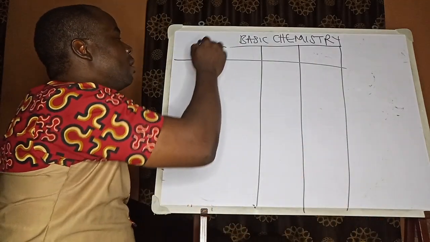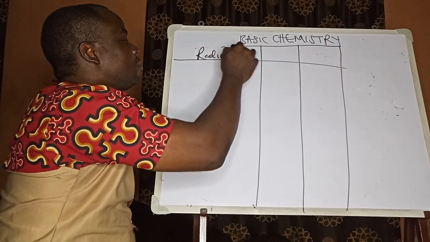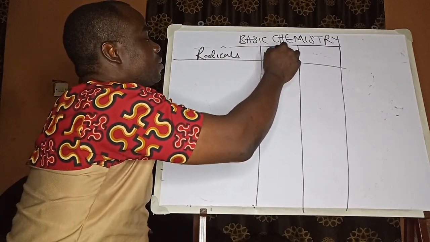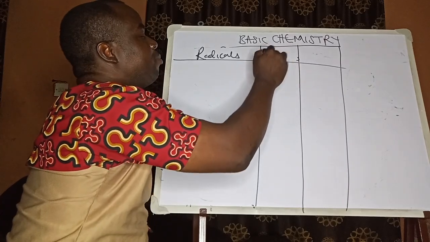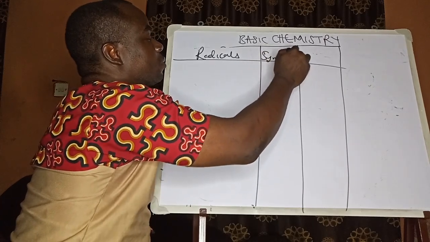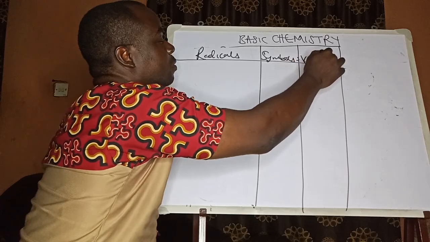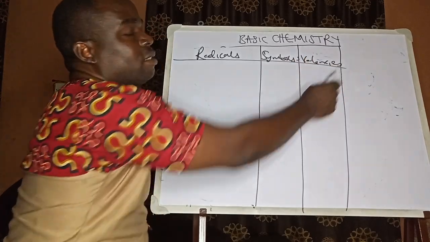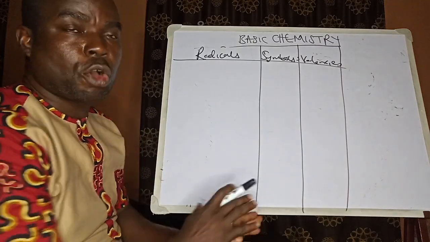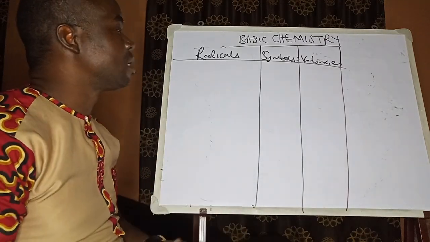We call them radicals. We have valences. This is supposed to be symbols, and this is supposed to be valences. So we make a copy of it as a part of our basic chemistry 1.